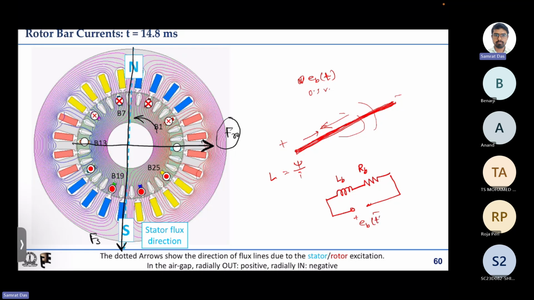This is a simple RL circuit. We could just solve it to get the current. And we have seen that because the slip frequency, the bar induced EMF frequency, is quite low, this omega L, the inductive drop, is very low compared to RB. So we could simply divide the induced EMF by the bar resistance in order to find the bar current.